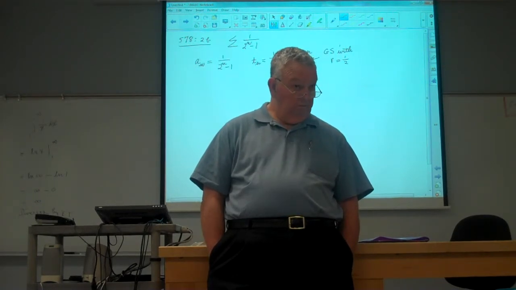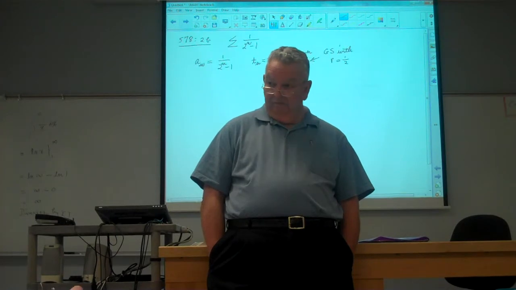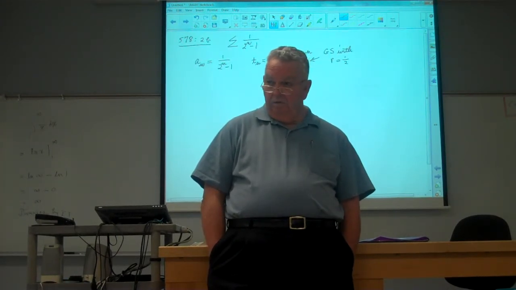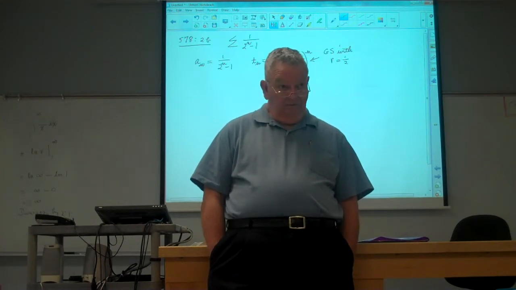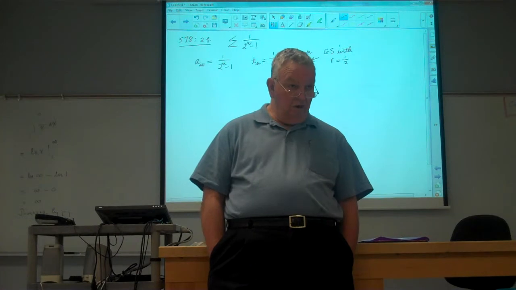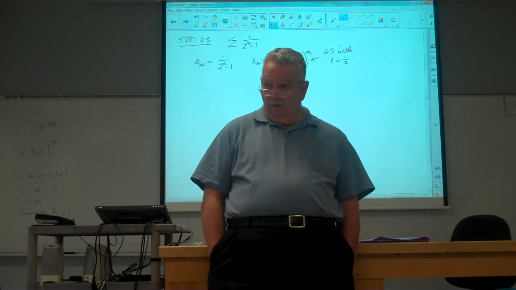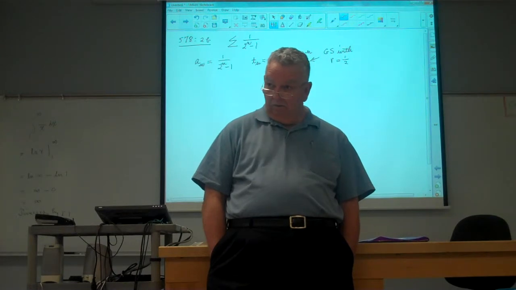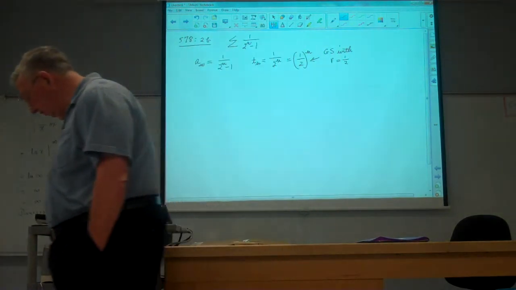R has to be less than 1 for it to converge. That's what I wanted you to remember. The absolute value of R has to be less than 1. So this absolute value of R is less than 1, isn't it? So it converges.